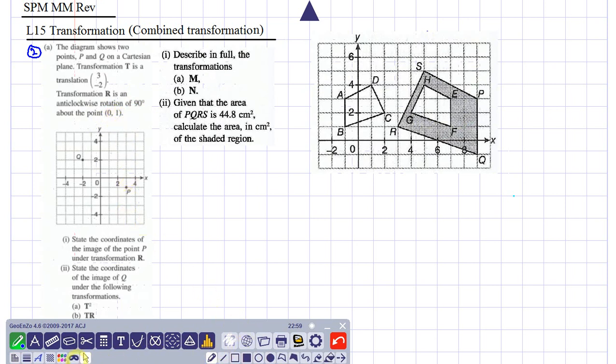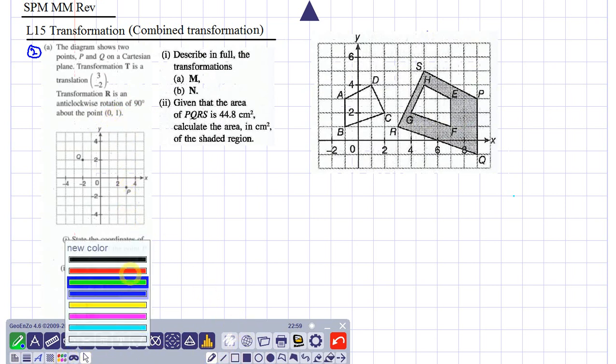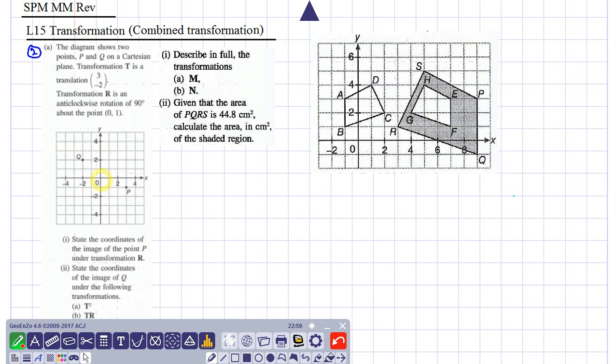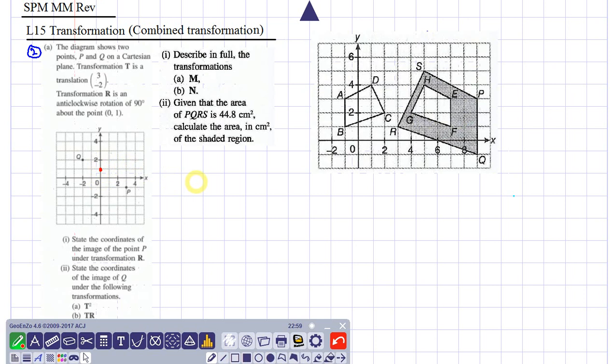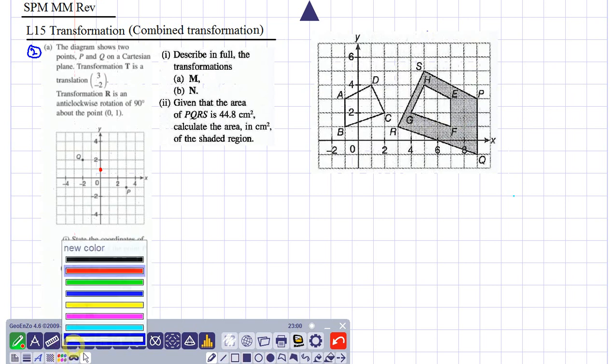So where is the center of rotation? Let me draw it first. 0, 1. So here will be 0, 1. Okay, so this is the center of rotation. State the coordinate of the image of point P under transformation R. Means that under the rotation.